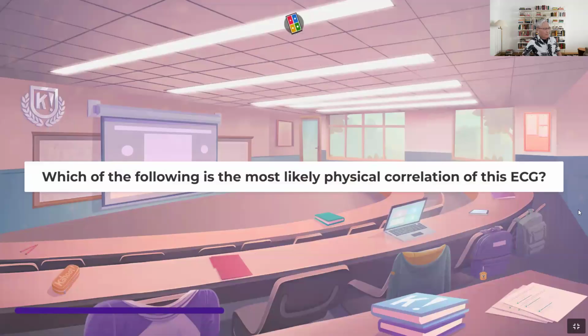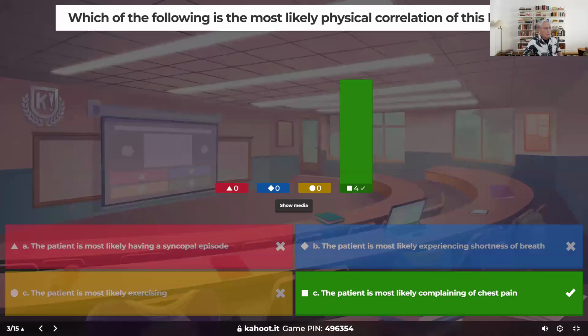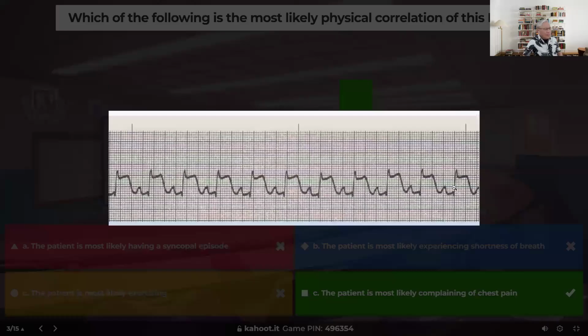Okay, next. All right. So what we see in this ECG, the abnormality is that the ST segment is elevated.